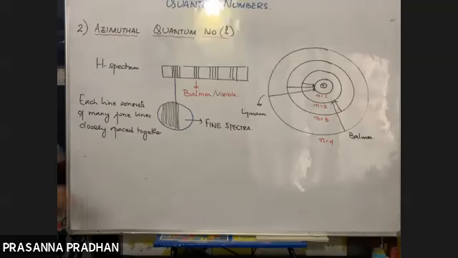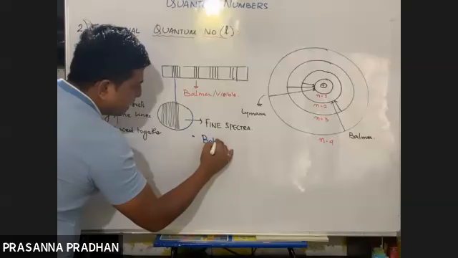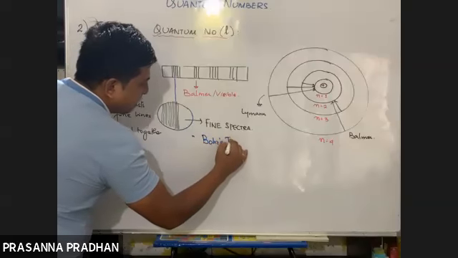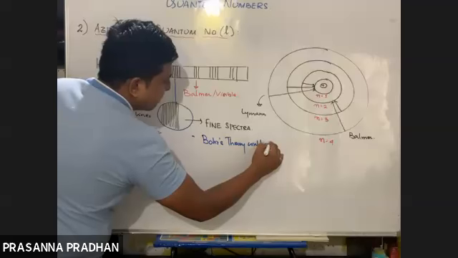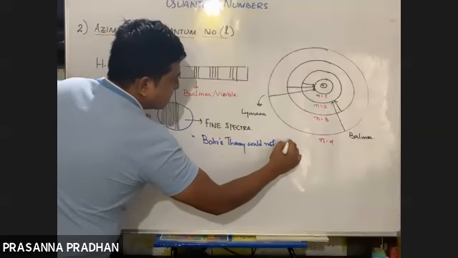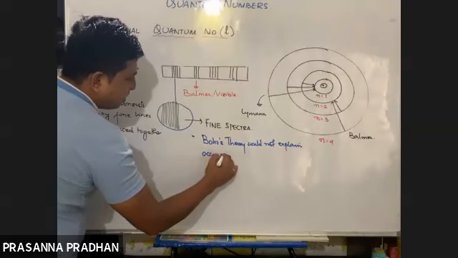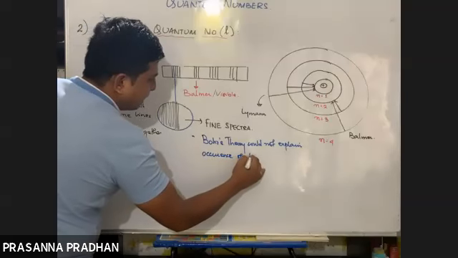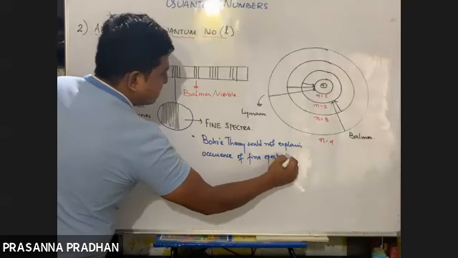And Bohr's theory could not explain the occurrence of this fine spectra. So this was one of its disadvantages. Remember, Bohr's theory could not explain the occurrence of fine spectra.